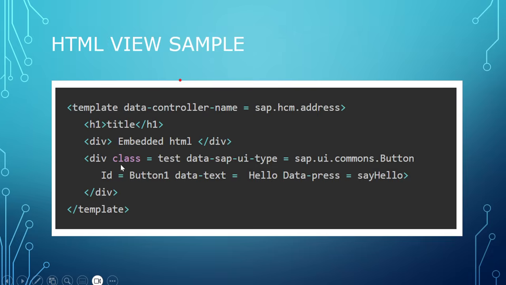If you see here, we define data-sap-ui-type, data-text and data-press. These are all attributes, and it is good for developers coming from a web background. It has limited features compared to XML views, but we can use this.